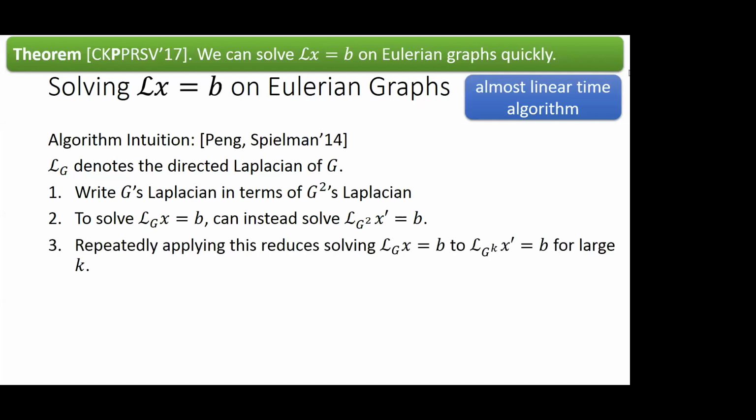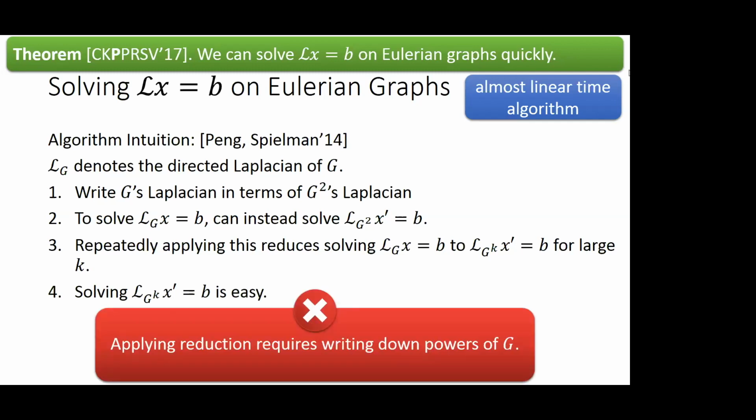If we repeatedly apply this reduction, then we can reduce solving L_G x equals b to solving L_{G^k} x prime equals b for some large value of k. And if we make k large enough, it turns out that solving L_{G^k} x prime equals b is easy.